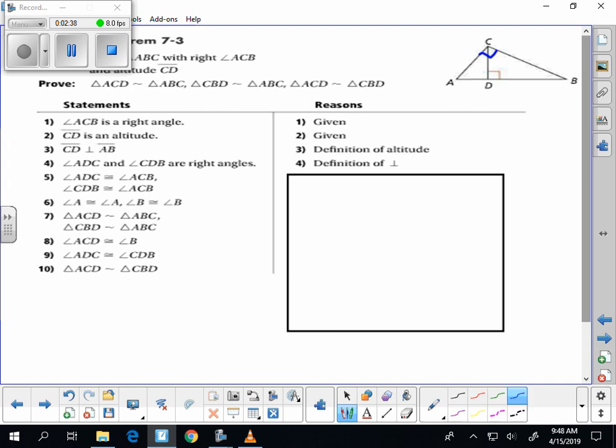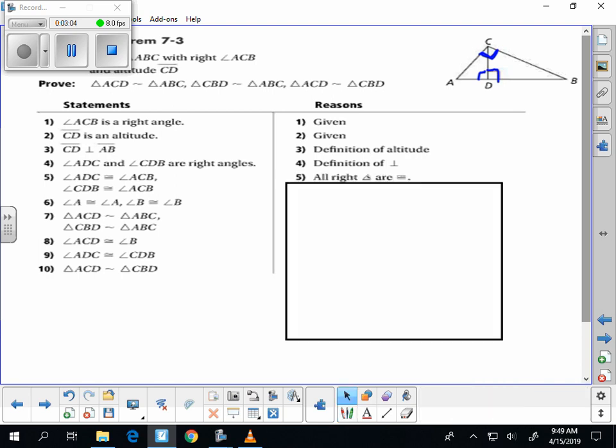Angle ADC, this angle, is congruent to ACB, this angle, and then CDB, this angle, is congruent to the other right angle. Those are all right angles, right? Why can I say all of those right angles are congruent? Because all right angles are congruent.